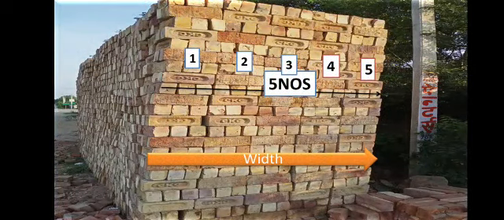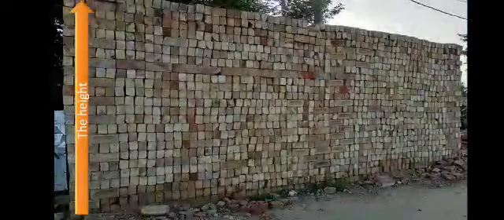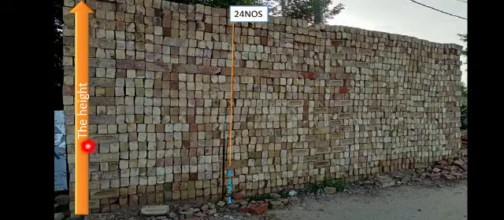Again, the same pattern of calculation will be taken into account. You can see here it comes to 5 nos. Next, what are we left with? The height. The same pattern you can see here as well, starting with 1, 2, 3, 4 and so on, going up to 24 nos.